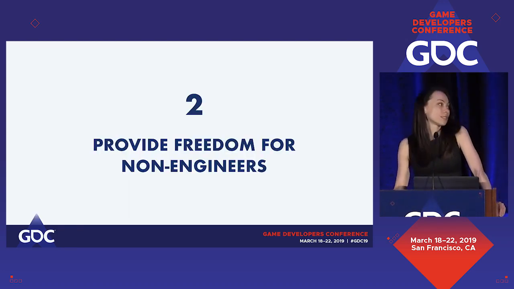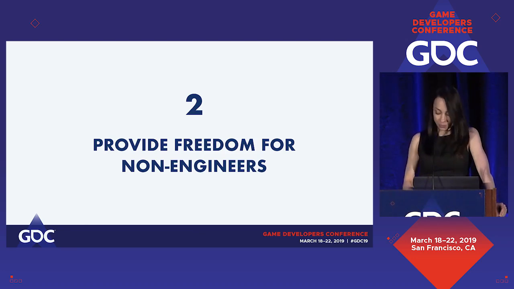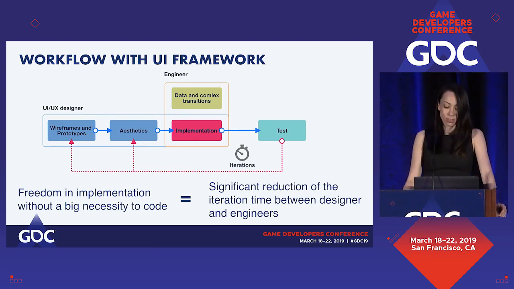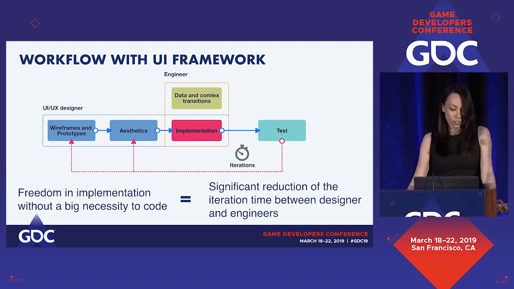And the second step in building the UI framework for us was to provide freedom for non-engineers. It's actually one of the main benefits of the UI framework, because right now designers can implement UI without a big necessity to code. It significantly reduces the iteration time between designers and engineers, and designers get much more involved in the implementation process.